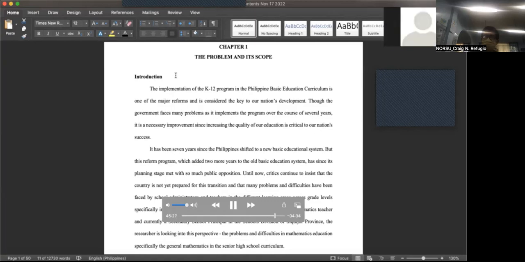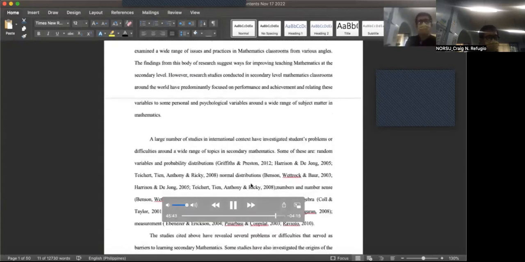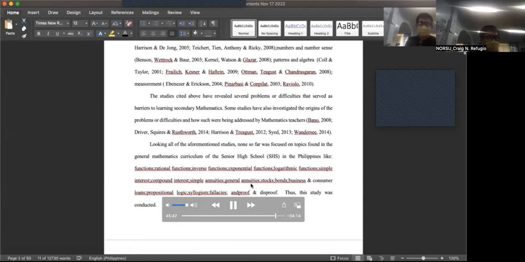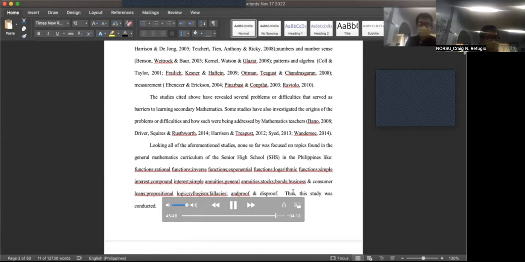Font type Times New Roman, font size 12, spacing 1.5. Pagination should be in the lower right hand corner.